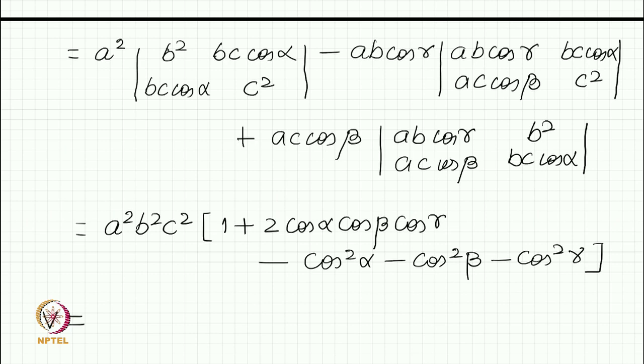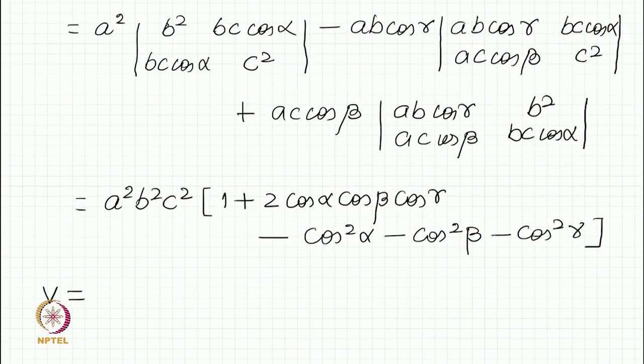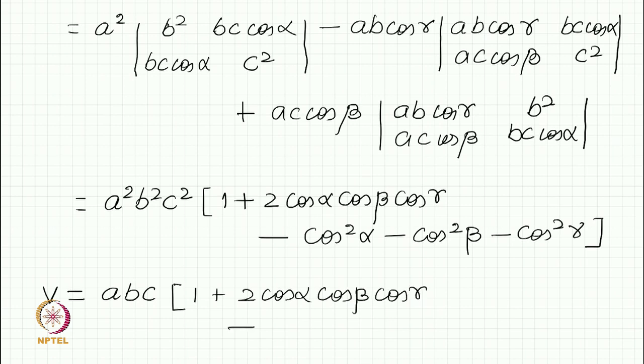But this was the square of the volume, remember, because this was the determinant of the metric tensor, and we have shown that the determinant of the metric tensor is the square of the volume. So, you just have to take the square root. Then you get A B C times the square root of the bracket.